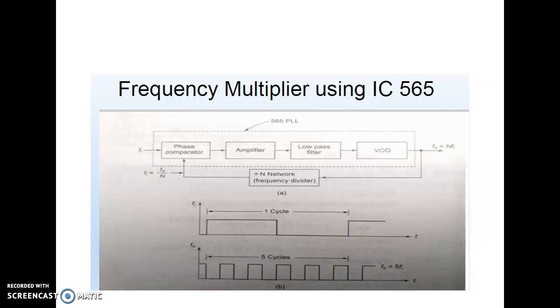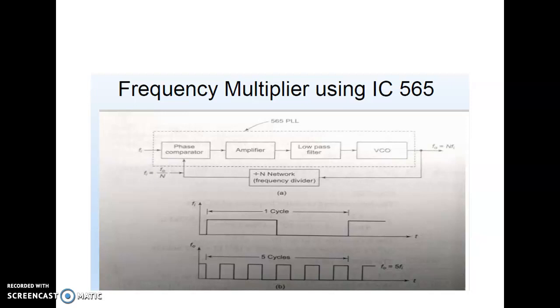Thus, the two input frequencies to the PLL are Fs and Fo by N. So you can observe here, the PLL will try to make these two frequencies equal. For this, the voltage control oscillator actually operates at a frequency which is N times higher than Fs.